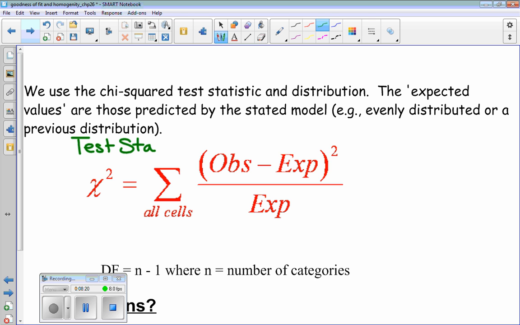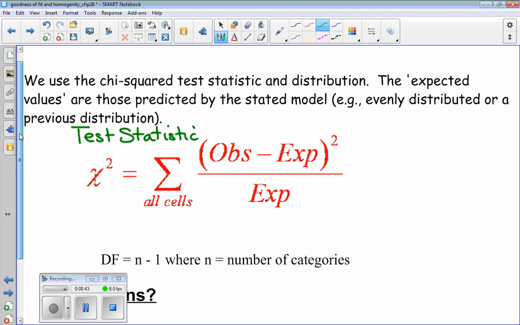Remember, it was a t value before, or a z-score before. It's the sum. We're going to look at our observed minus our expected value, squared, divided by expected. I'm going to tell you what that means in a minute. And then we sum all those cells up.